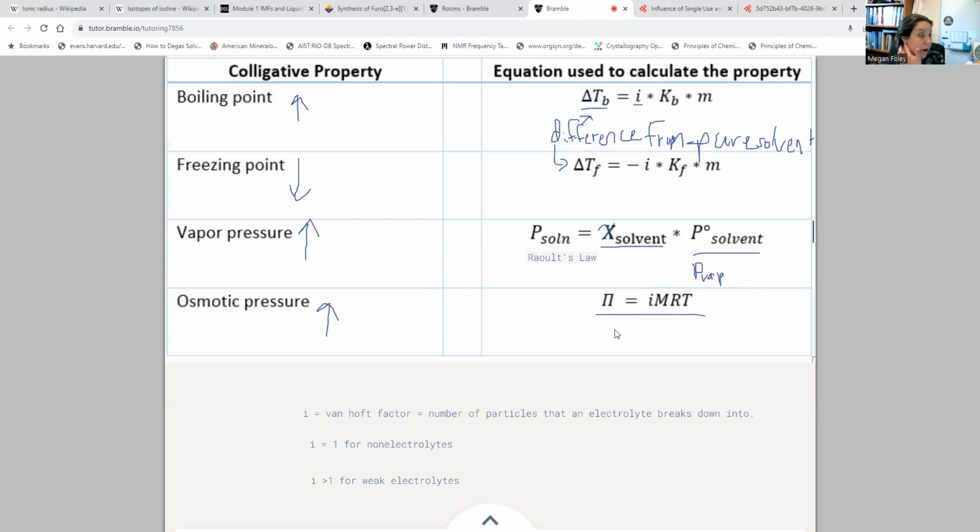And then this is our osmotic pressure equation. This is a symbol for osmotic pressure. This I is the same I that we have in the first 2 equations. This M right here and here, those are both molality. But this M right here is molarity.